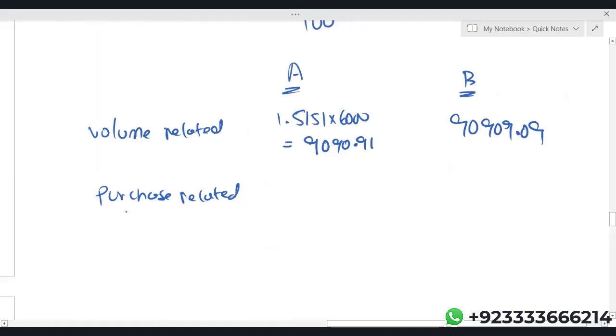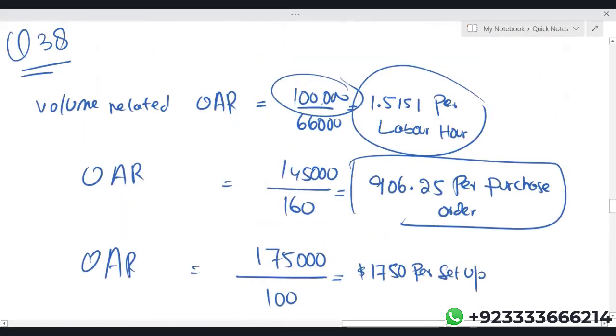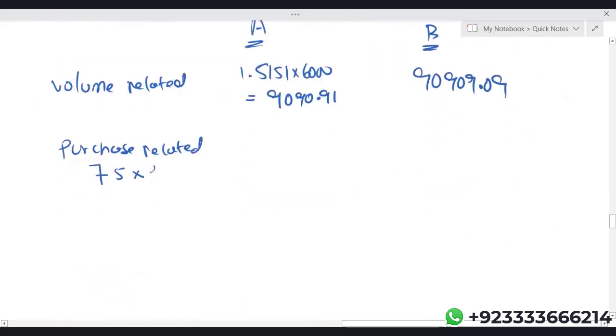So simply 75 multiplied by 906.25 per purchase order. Students, I'm getting 67,968.75.